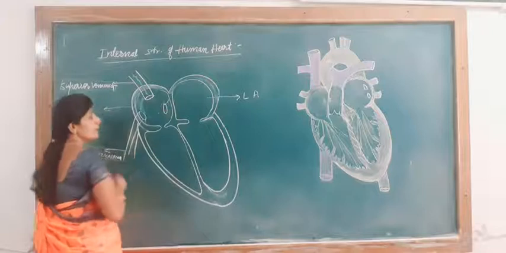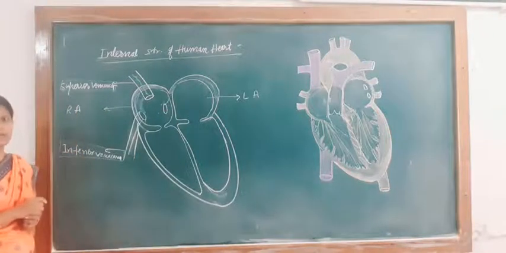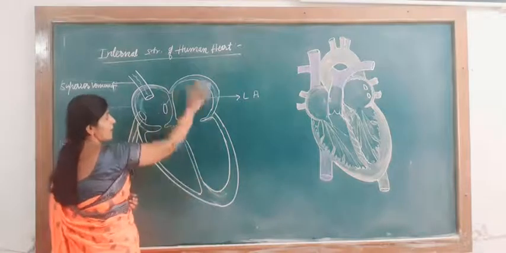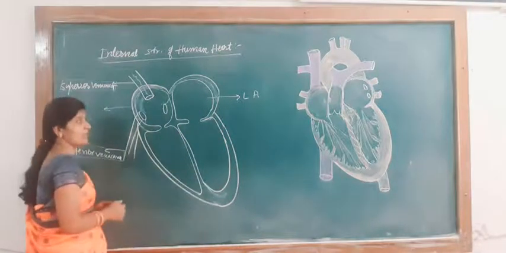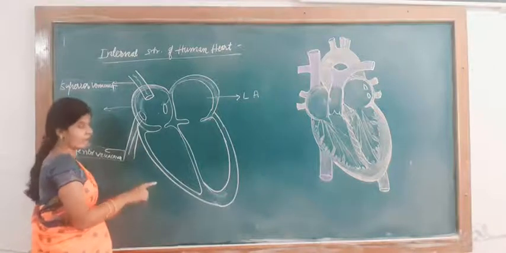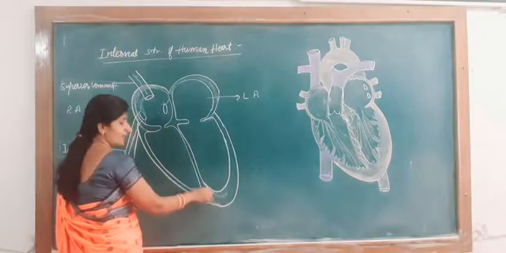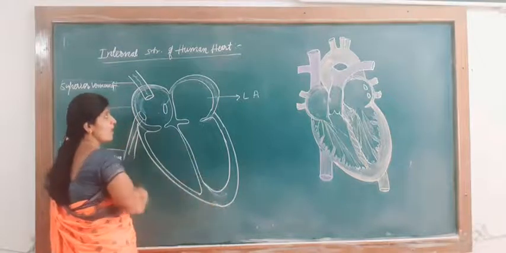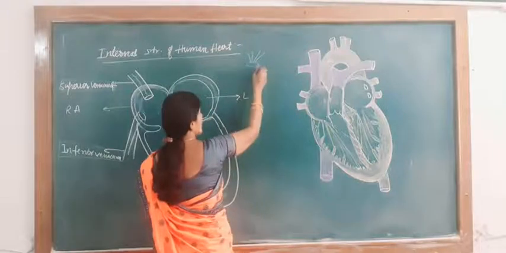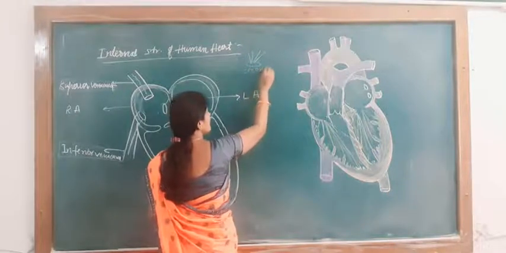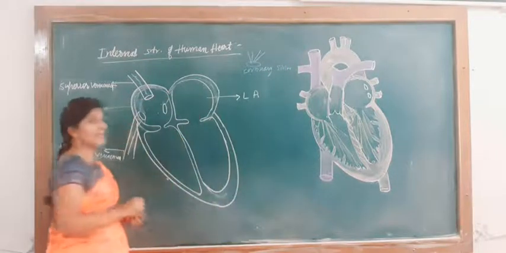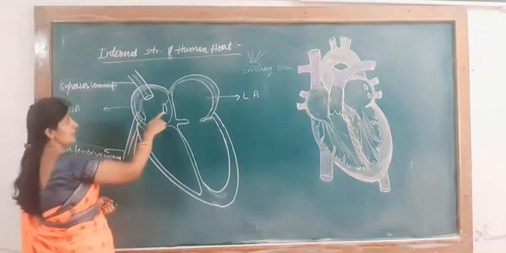Coronary veins are related only to the heart wall. That coronary sinus opens into this right atrium.